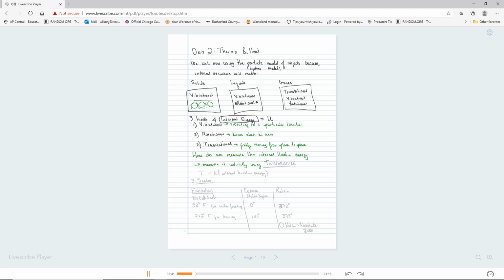Using temperature. So temperature is a multiple of internal kinetic energy.